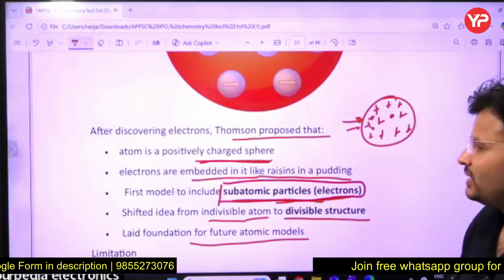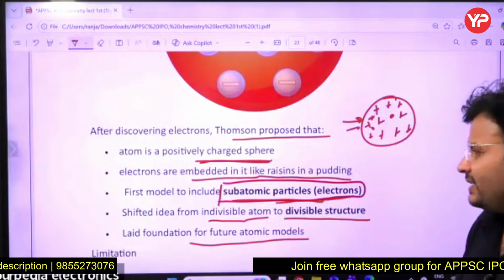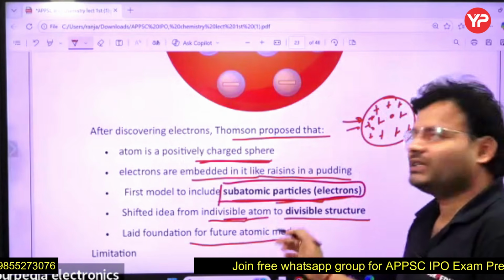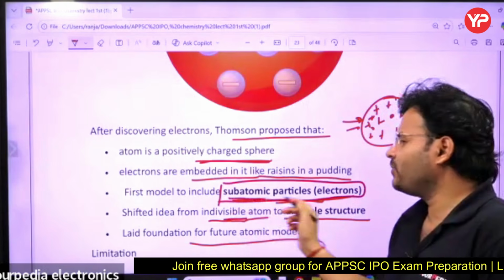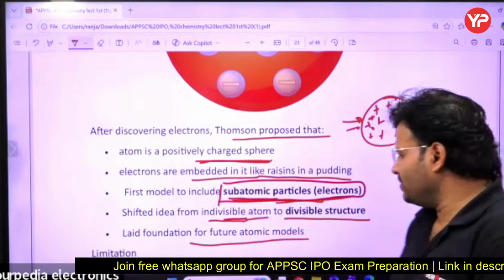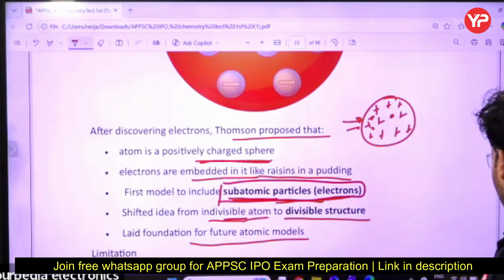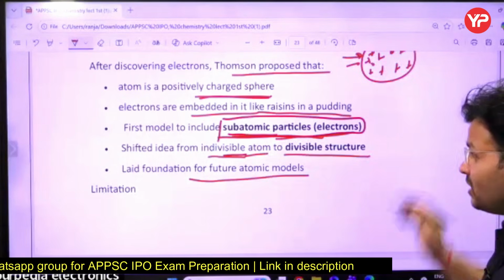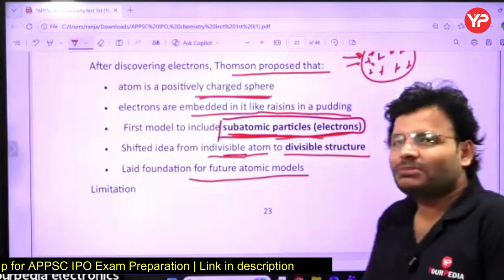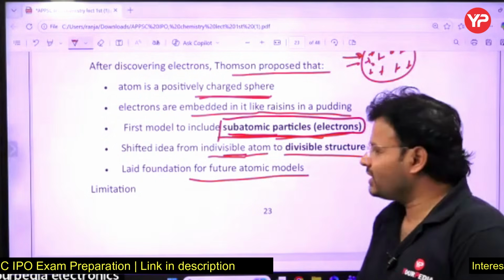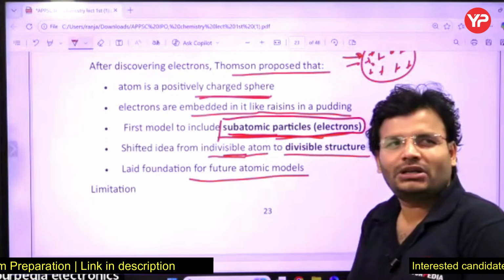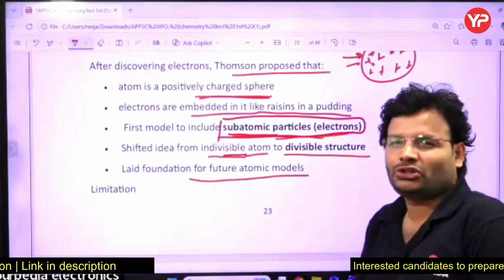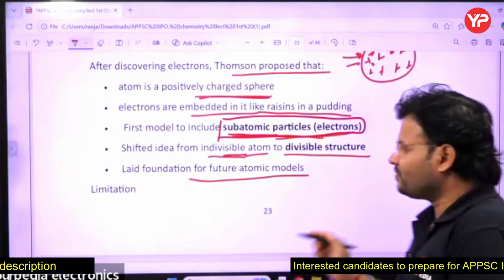After that, the idea of indivisible atoms shifted, because if there are subatomic particles, obviously it will be a divisible structure. It also laid the foundation of future atomic models. Sometimes a question is also asked: who is the father of the atomic model? That credit also goes to Thomson.